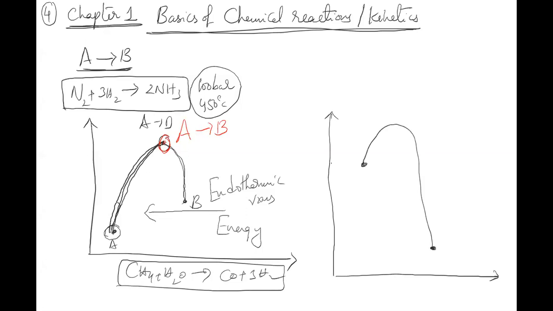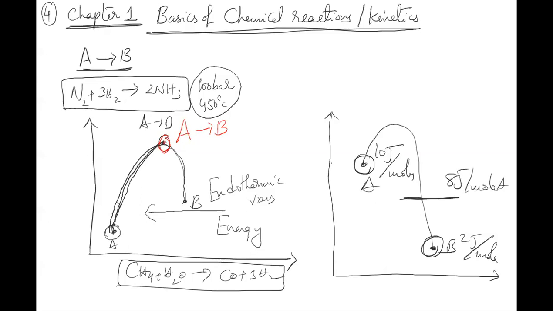So this is the energy of A, this is the energy of B. I'm taking, let's say, 10 joules and converting into 2 joules. What should happen to this 8 joules? This is 10 joules per mole of A, this is 2 joules per mole of A. Then that 8 joules per mole of A will be released as energy coming out of the reaction.